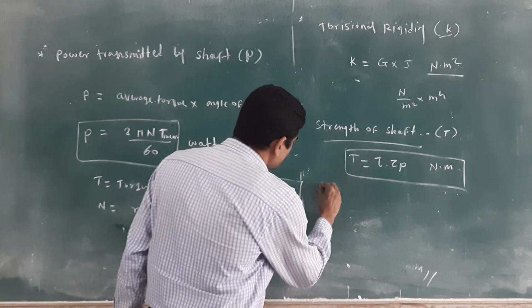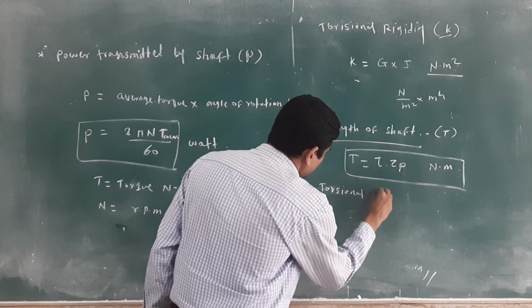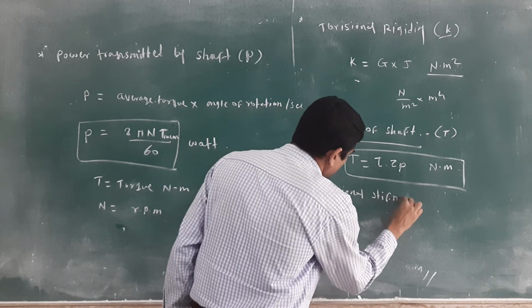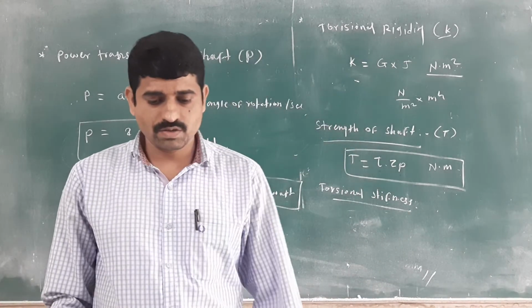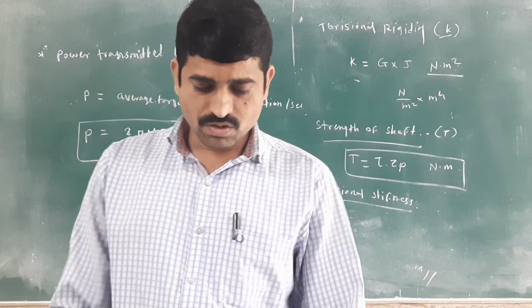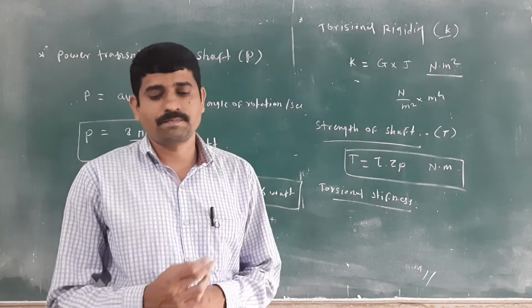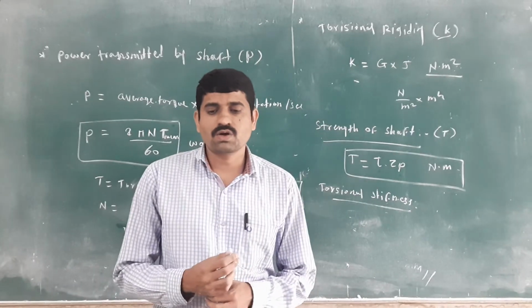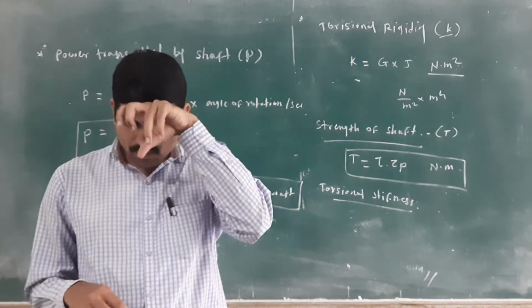Then next is the torsional stiffness. Torsional stiffness is the torque required to produce unit angle of twist.